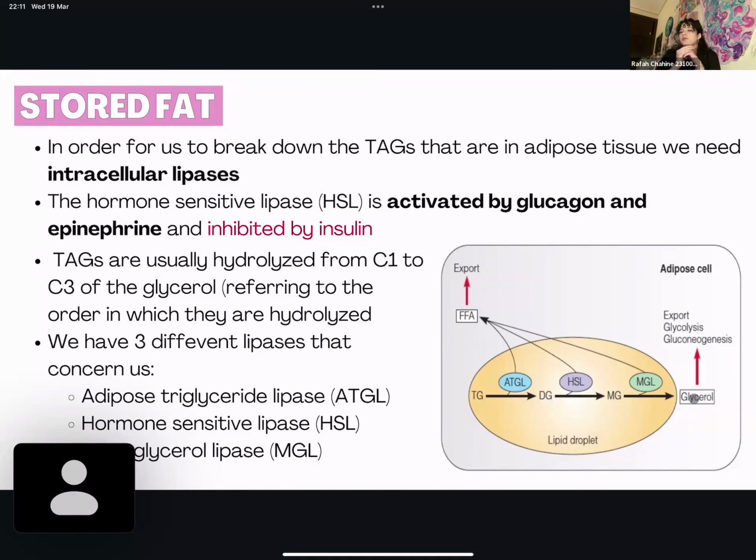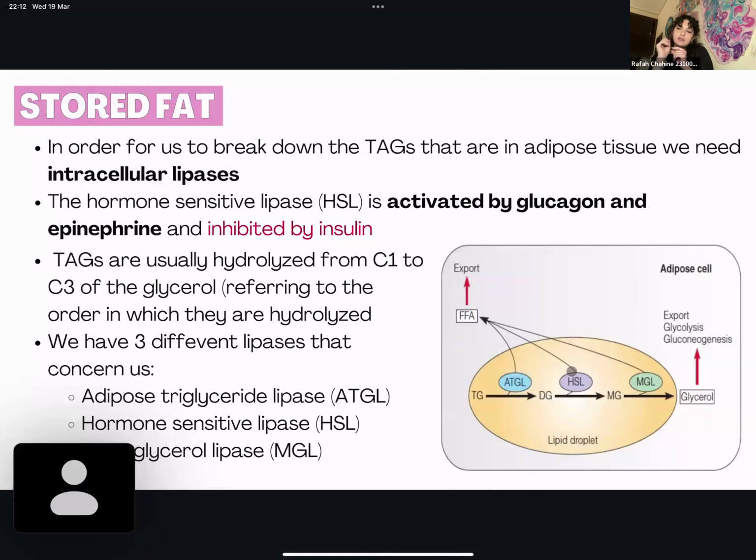Now, another important point, which is this second bullet point, which is very, very important, is how specifically this entire reaction is activated with hormones. Now, we're specifically talking about HSL, and we're going to understand why HSL is the main character here, but it is activated by glucagon and epinephrine.